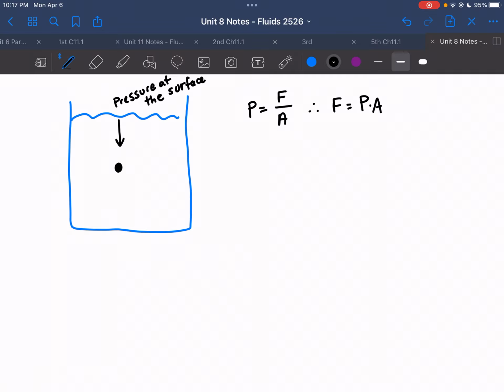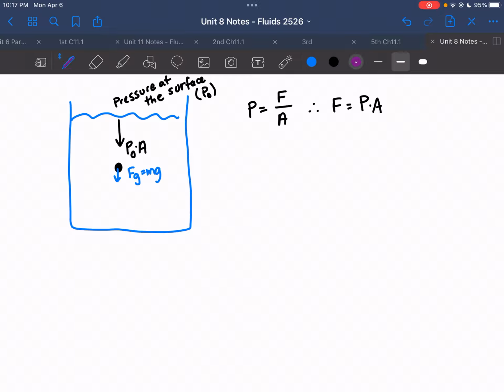And so the pressure is going to be the atmospheric pressure, or the pressure at the surface, which we'll say is P naught, times the surface area. Now our little object has some weight to it, so we have the force of gravity, which is equal to mg, pulling that down.